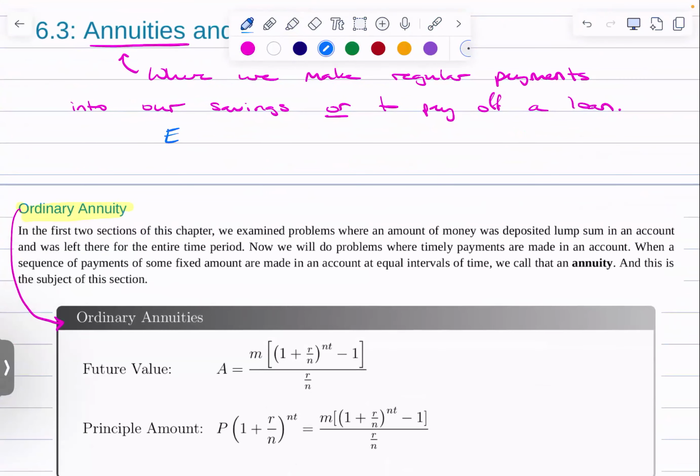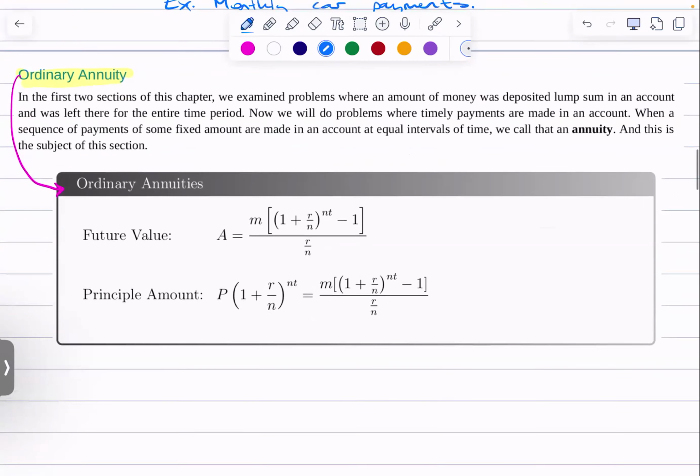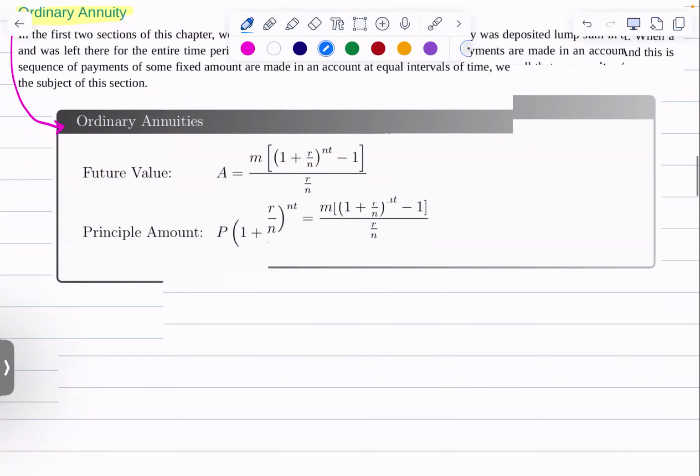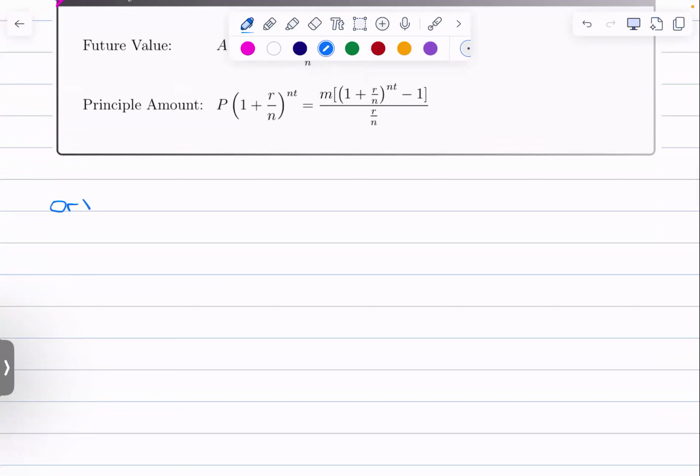I'll say, for example, monthly car payments, something like that. But what does the ordinary mean? So ordinary annuities, but I want to talk about the ordinary part.